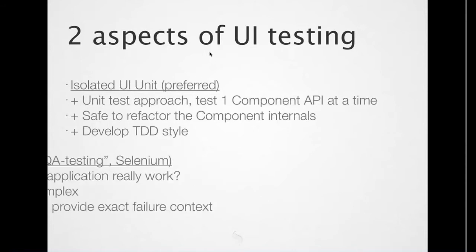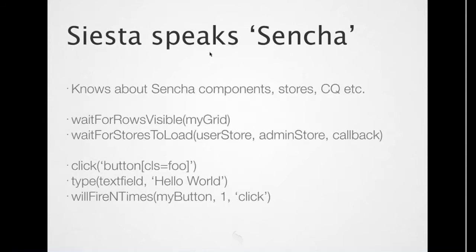So Siesta, of course, speaks Sencha. It knows about Sencha components, it knows about stores, elements, and higher level stuff like component queries and so on. So this means that inside of your test, you can say stuff like wait for rows visible and pass in a grid. You can wait for a bunch of stores to load and pass in an arbitrary number of stores, and you'll get a callback once it's done.